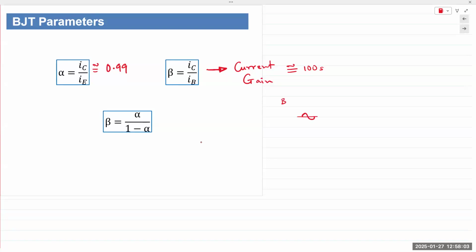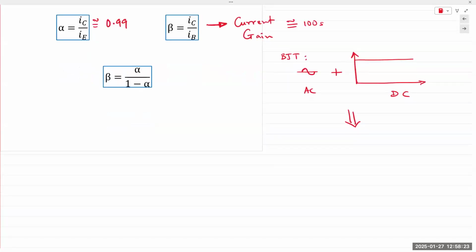So what a BJT does is it takes the AC signal and it takes the large DC signal and it gives us an amplified output.